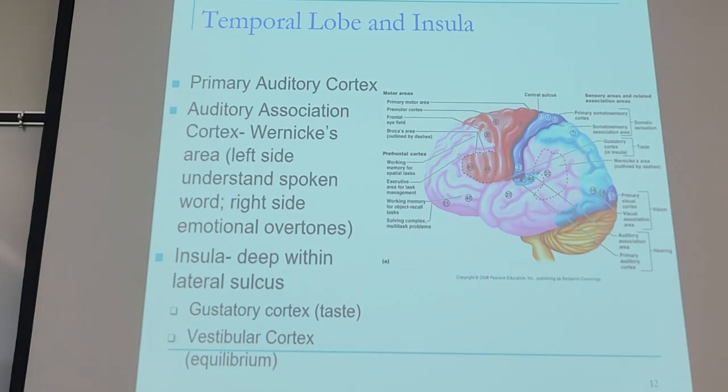Versus somebody that has a brain injury to Broca's area, would they be able to physically talk? No. But would they be able to understand what you're saying? Yeah. So these are people that probably would use a whiteboard, if they had the physical ability and didn't lose any other function as part of the brain injury. They might use a whiteboard to communicate with you, because they can't get it out.